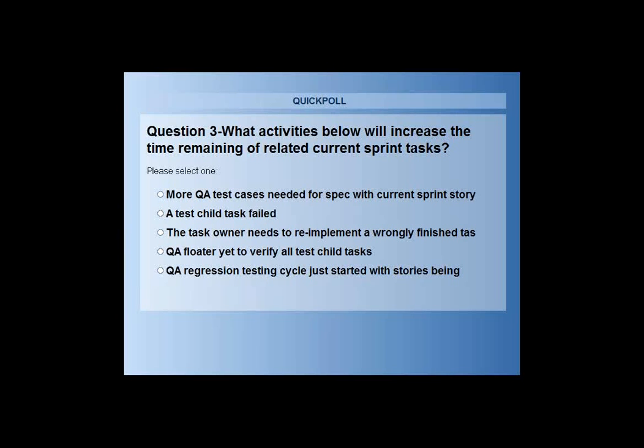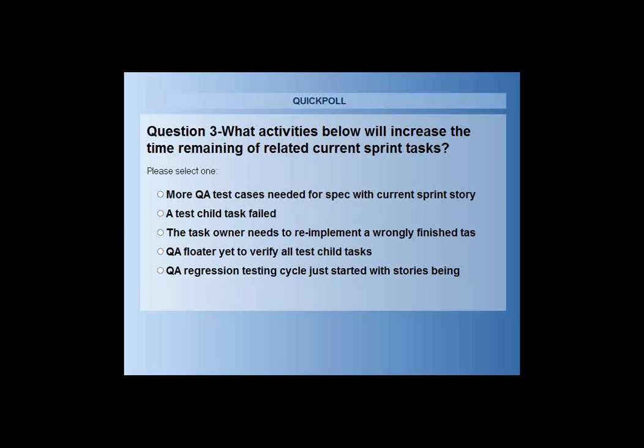So we're going to do a training poll again. Question number 3. What activities below will increase the time remaining related to current sprint tasks? More QA test cases needed for a spec with current sprint active stories. A test child task failed.